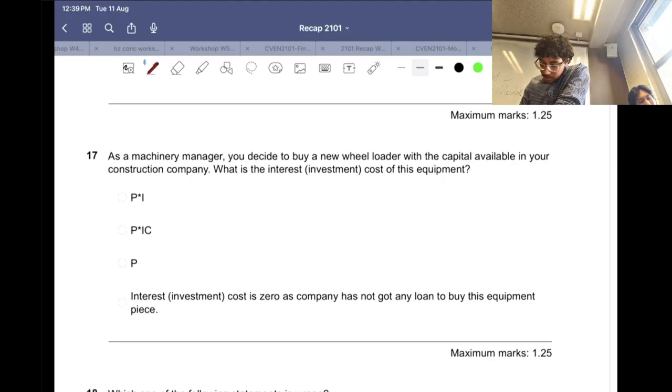So the answer is A. So P times I. The interest cost still applies even though we bought it, even if you're not using a loan. Sorry, it would be D. So you don't have any interest because you're not loaning anything. You're just using the capital you have.